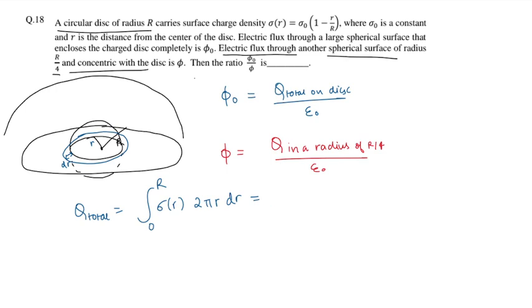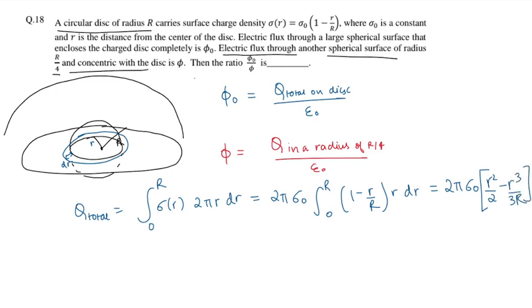So let me just write that together. 2 pi sigma naught integral from 0 to R of 1 minus r by R, dr. So this is equal to 2 pi sigma naught times r squared by 2 minus r cubed by 3R from 0 to R, and if you do the math here, this will come out to be R squared upon 6, so this will be pi sigma naught R squared upon 3.